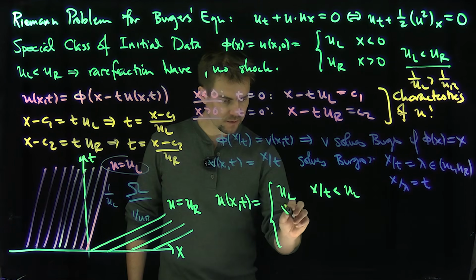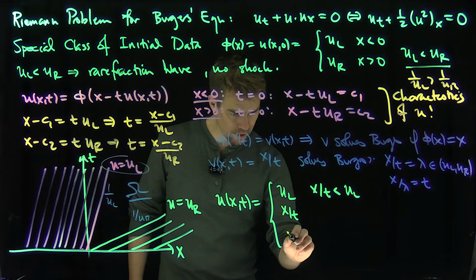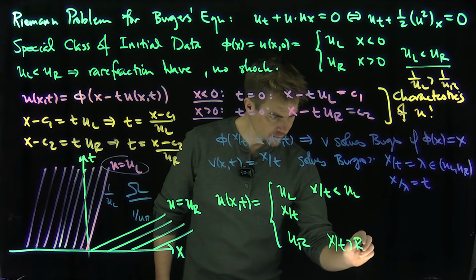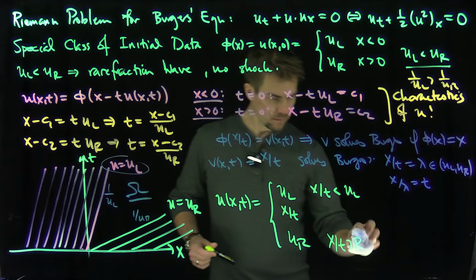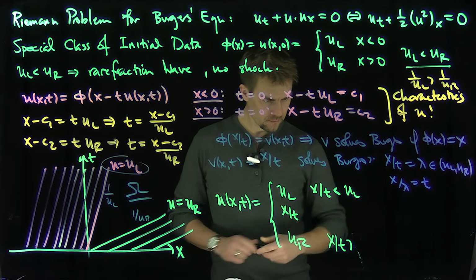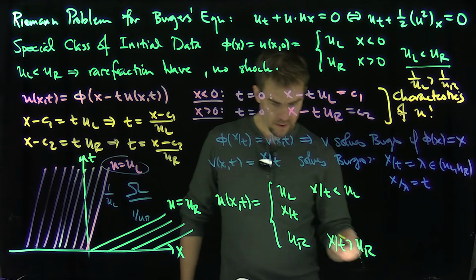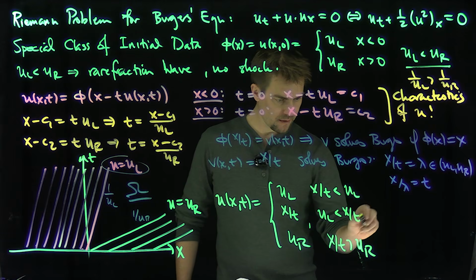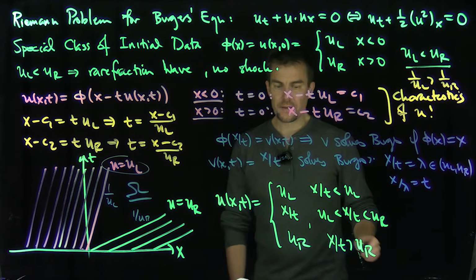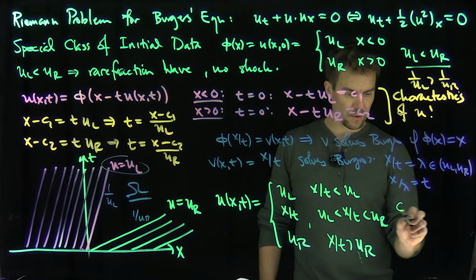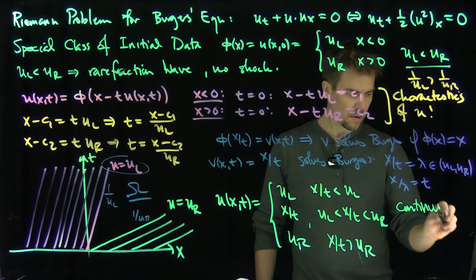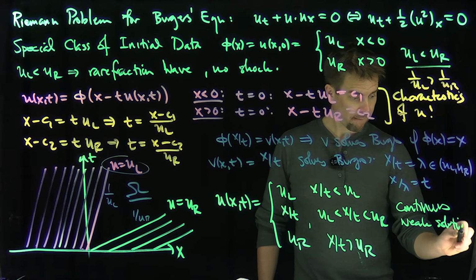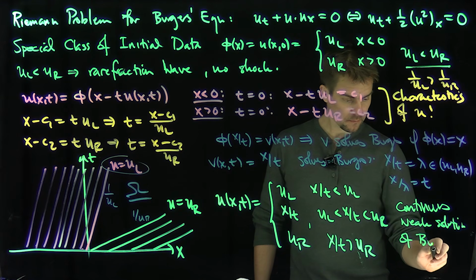It's going to be uR provided x over t is bigger than uR. And finally, it's going to be x over t in the intermediate range, uL less than x over t less than uR. And this is a continuous weak solution of Burgers' equation.